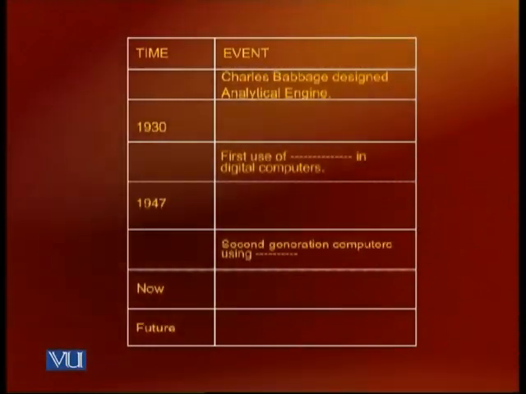Scan your text and find out there is something that took place at a certain time, and an event that matches it. 1820, we find that the calculating machine appeared. Charles Babbage, you've been told, designed the analytical engine, but in what time?